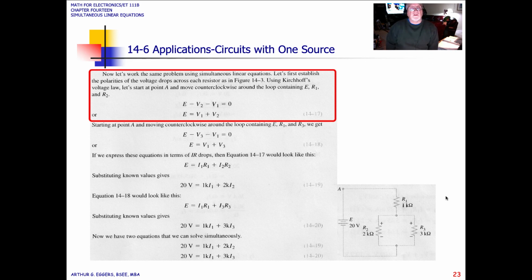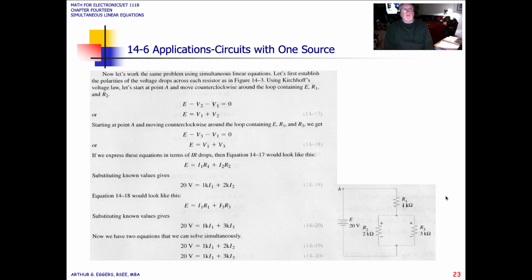So using Kirchhoff's voltage law, KVL, the source minus the voltage drop 2 minus the voltage drop 1 is equal to 0, or the voltage is equal to the sum of the two voltage drops, V1 plus V2.